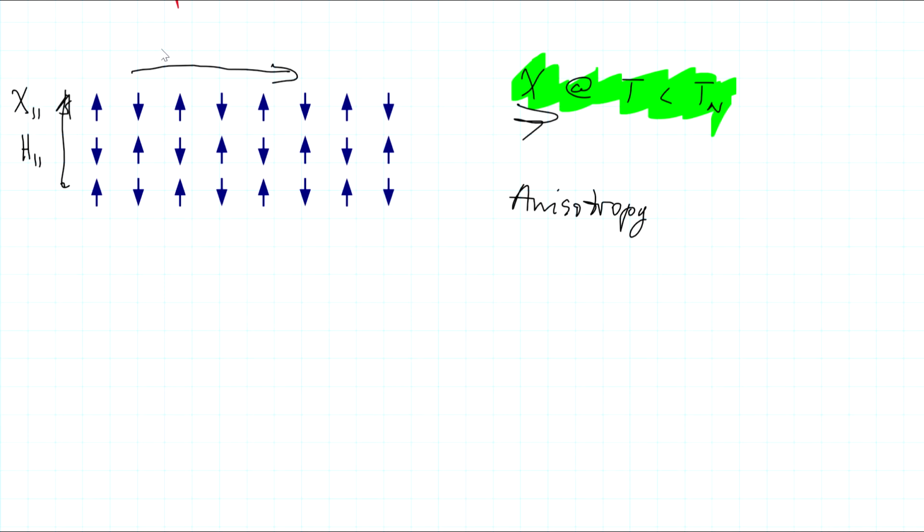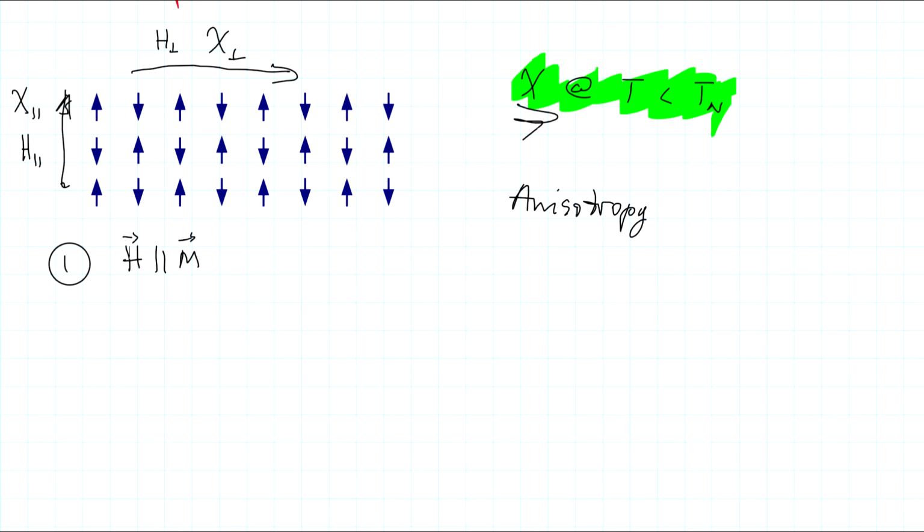And following the same notation, this would be H perpendicular and chi perpendicular. So there are two cases here. Let's start with case number 1. H is parallel to spontaneous magnetization. It is important to understand that this is spontaneous magnetization, so it can get ordered in one way or another.